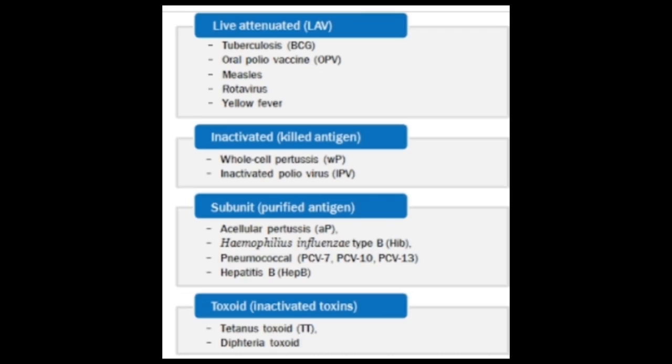They can be introduced into the body of an infant, mainly against whooping cough. This whooping cough is very dangerous because it may cause permanent brain damage also.